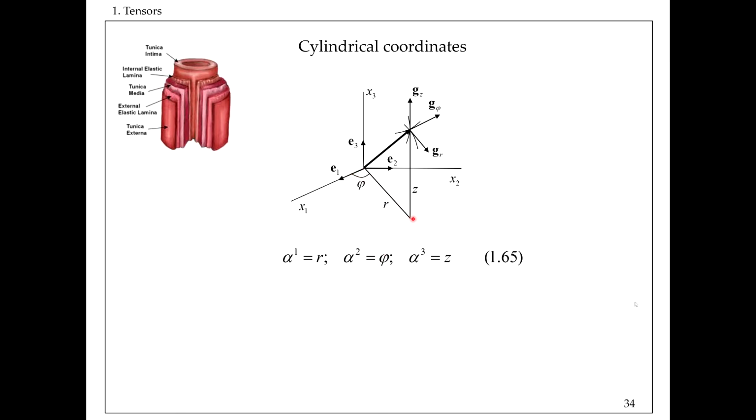Together they identify the location of this point in the plane x1, x2, or in the space r and phi, and then the height of the point is measured by the coordinate z. This one is, of course, not changed. It coincides exactly with the E3 or x3 coordinate, so they are the same.